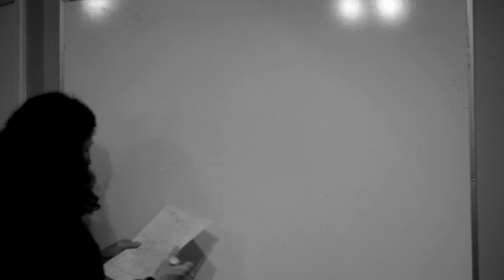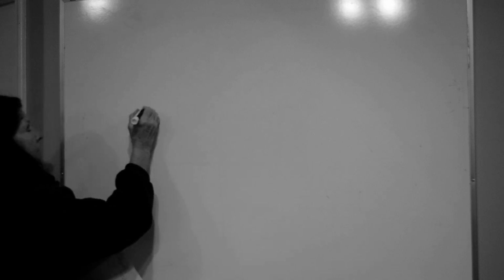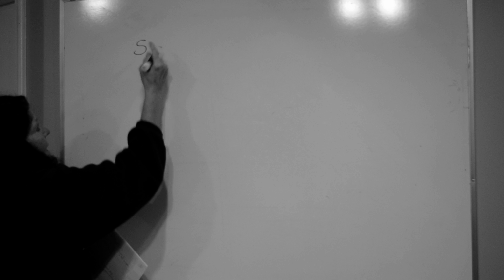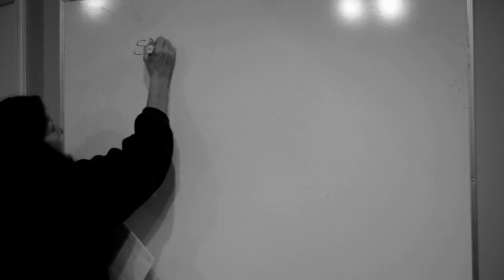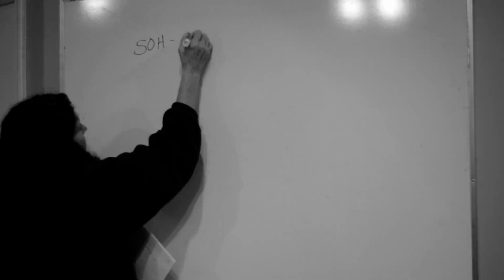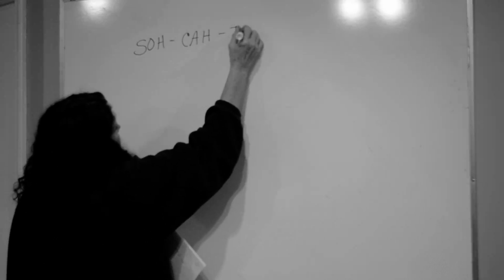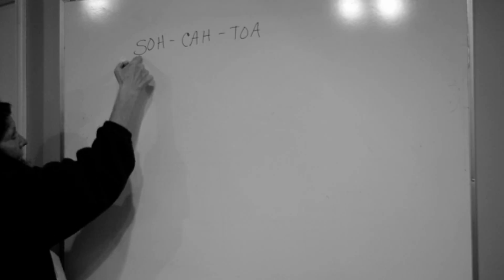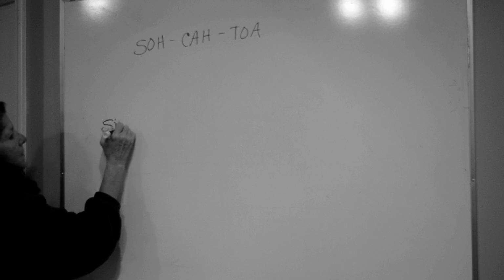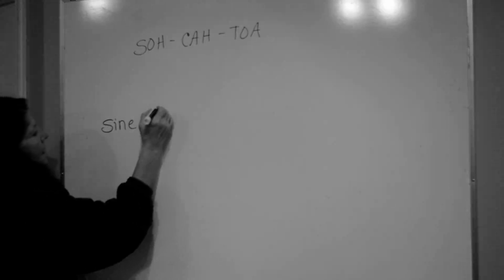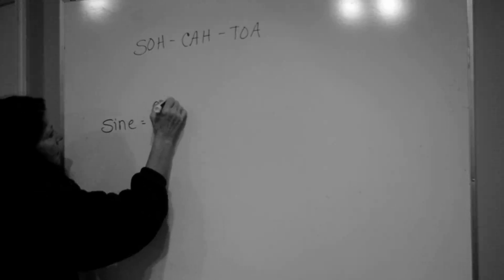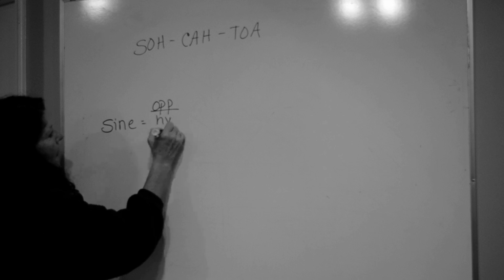The trig is all based on a right triangle. And we have an abbreviation that helps us remember stuff. SOHCAHTOA, if you remember. So the S stands for sine. And sine is your opposite over your hypotenuse.